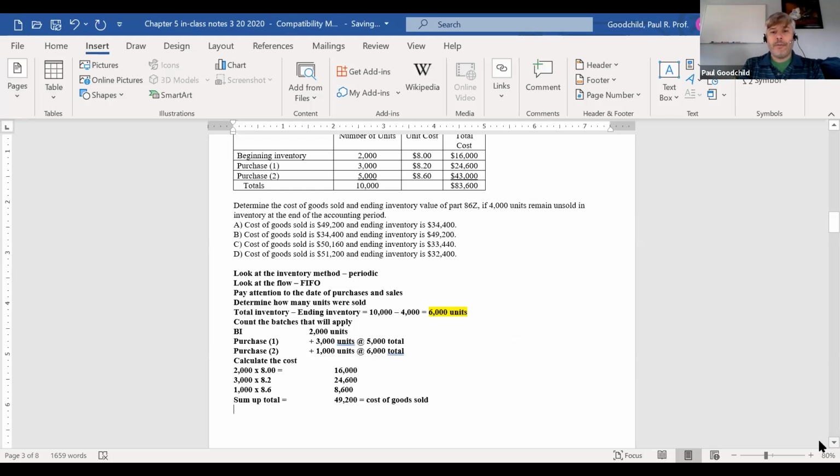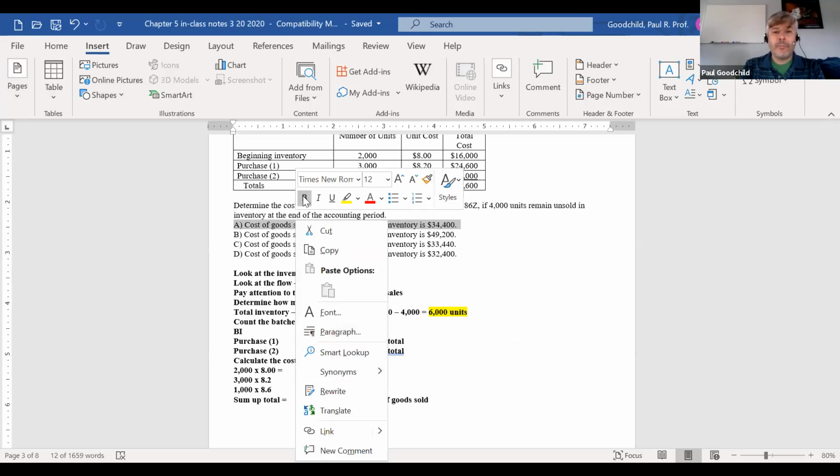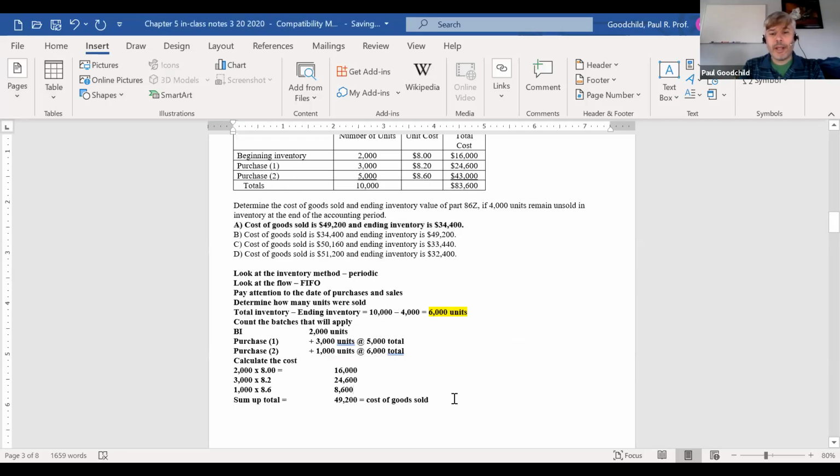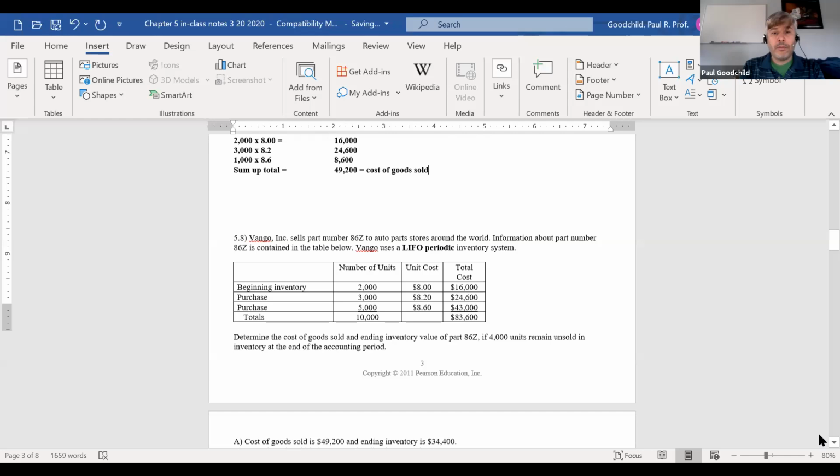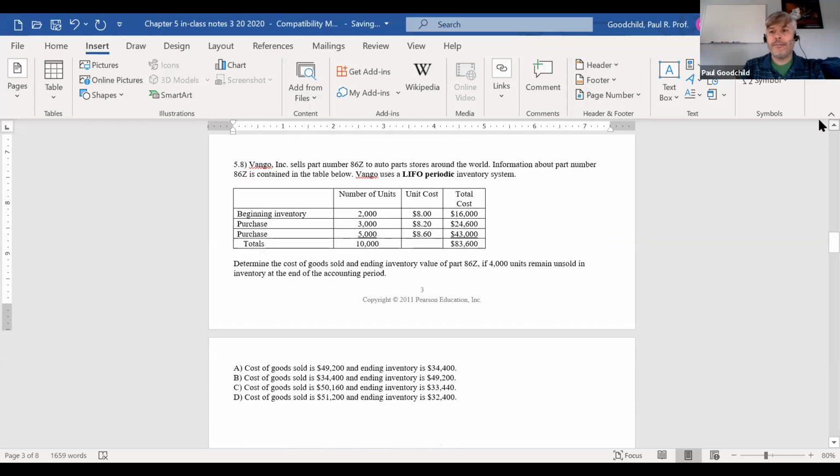All right. So that gives us our cost of goods sold, and we know that the answer as a result has to be A. But just real quick, how do we get ending inventory?